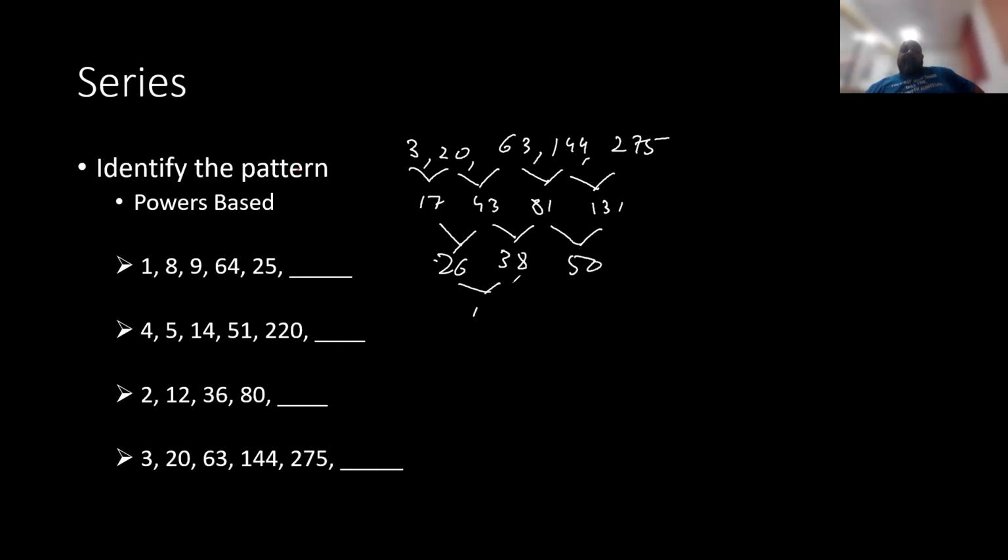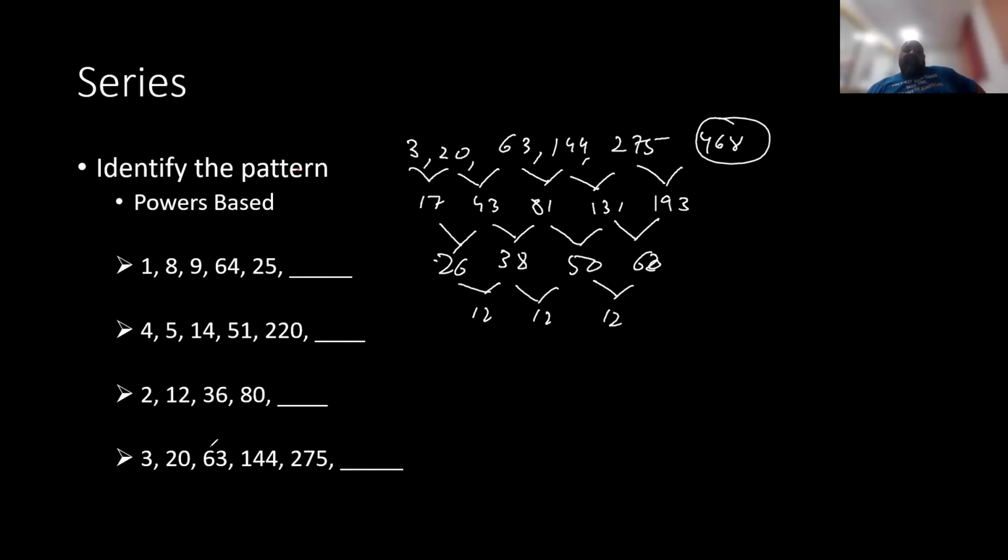So difference of 12 and 12. So here also I'll have a difference of 12. This will become 62. 131 plus 62, 193. 275 plus 193. So 7 short of 200. 475 minus 7. 468 or something. Could be the answer.